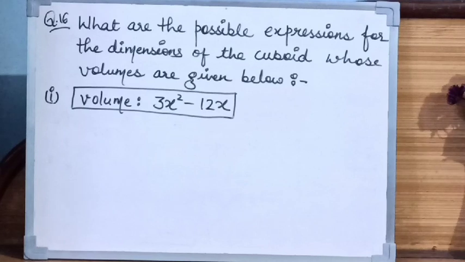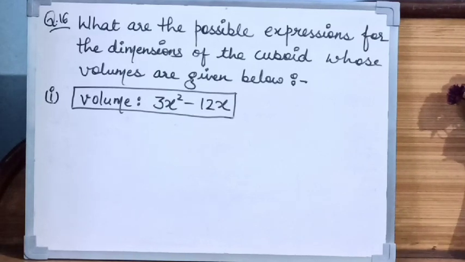Students, this is the last question of our exercise 2.5, which is question number 16. What are the possible expressions for the dimensions of the cuboid whose volumes are given below? In this question again we have 2 parts, and the first part is volume is equal to 3x square minus 12x.